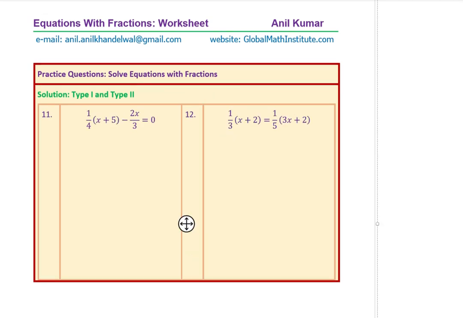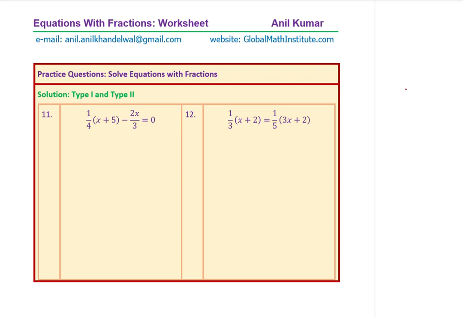Here is another solution. Sometimes you get equations where we write the fraction part separately, as shown in examples 12 and 13. Now, here also, the strategy is kind of similar. Well, this question could have been converted to type 1 and type 2. Or you could straight away multiply by 12 on both sides.